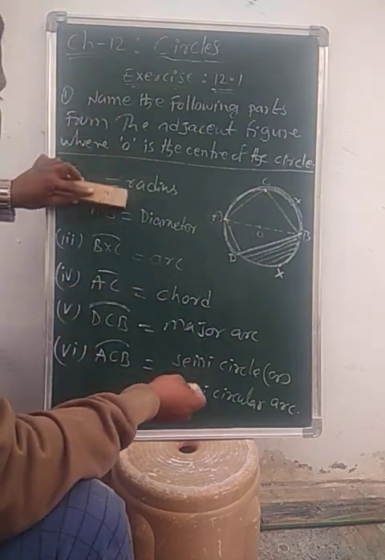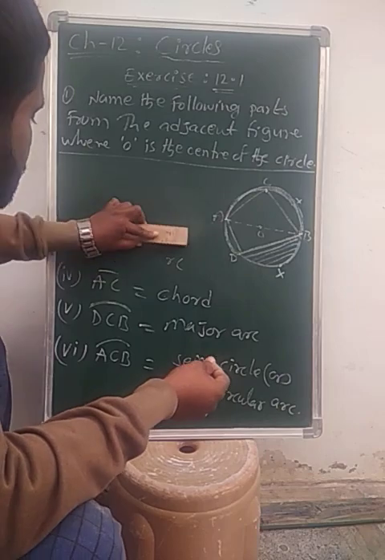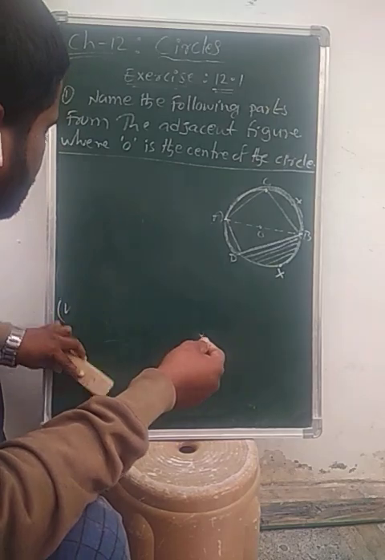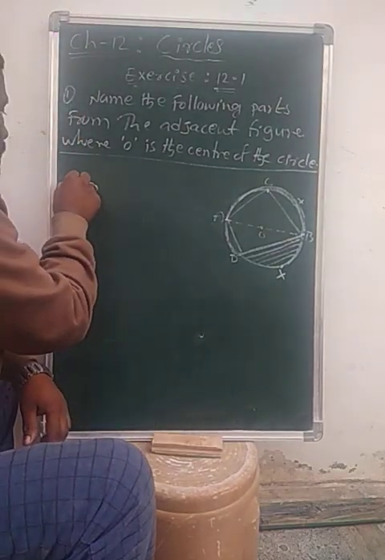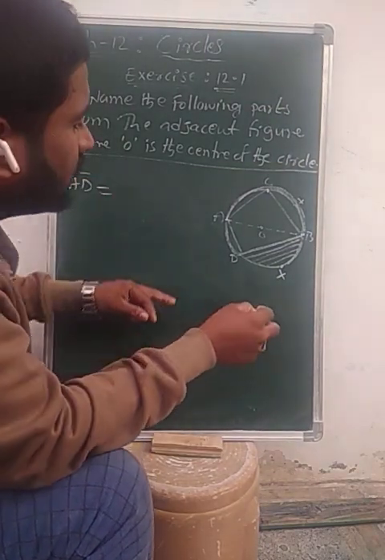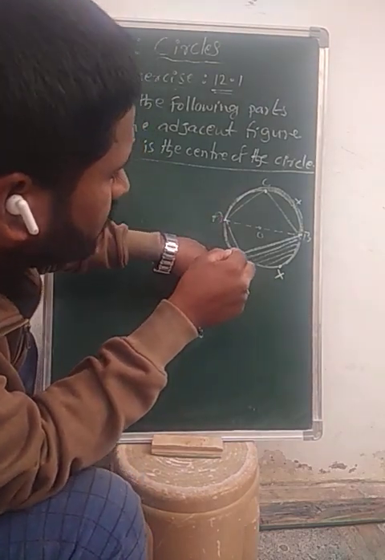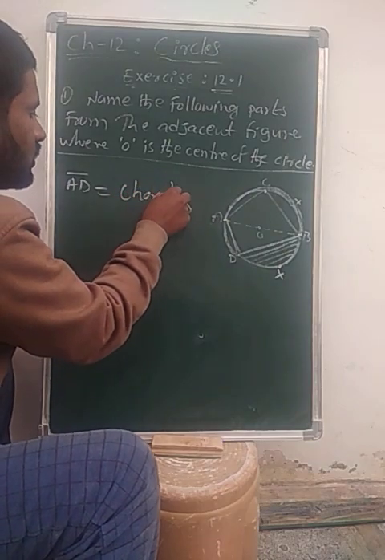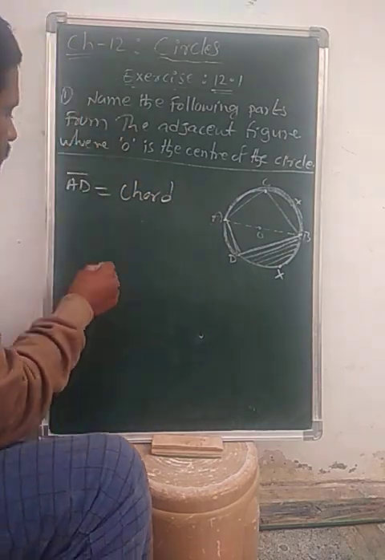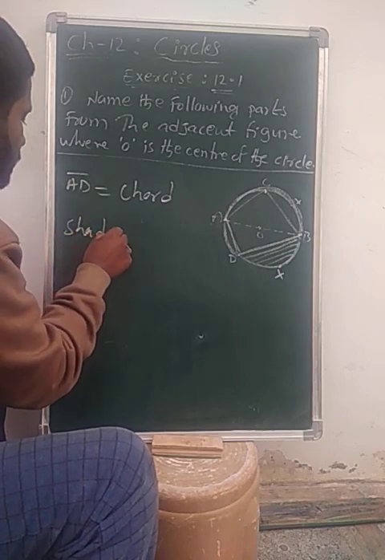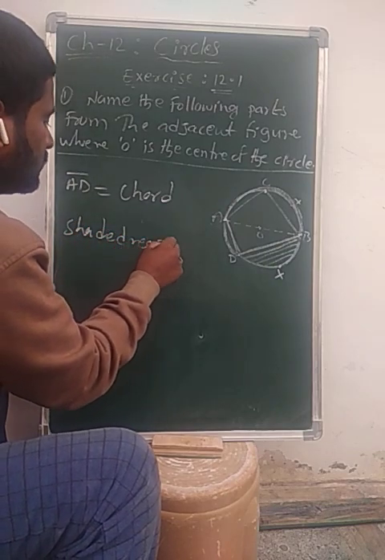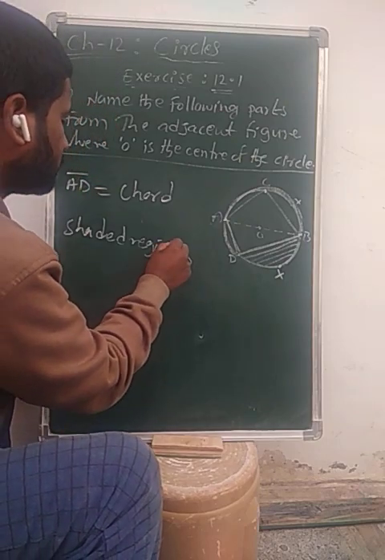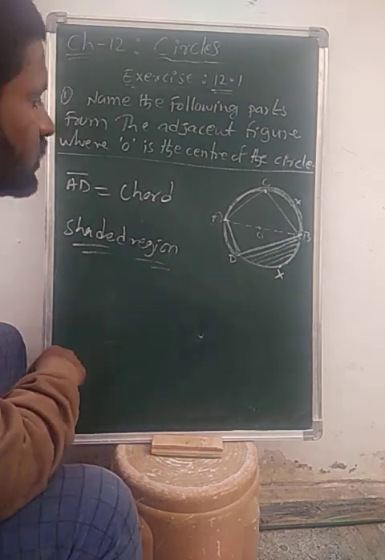Now AD. Next question, AD. A is a point on the circle, D is also a point on the circle. By joining the 2 points, that is called a chord. Next, shaded region.